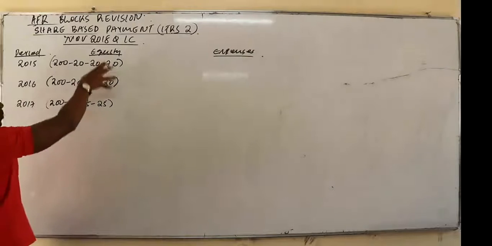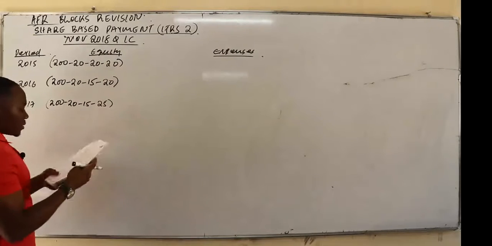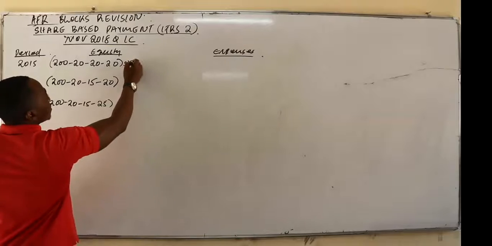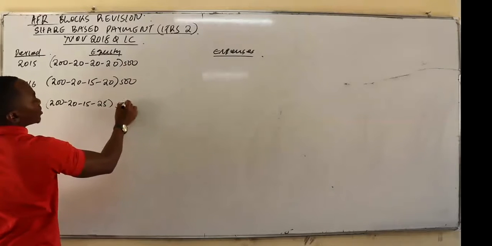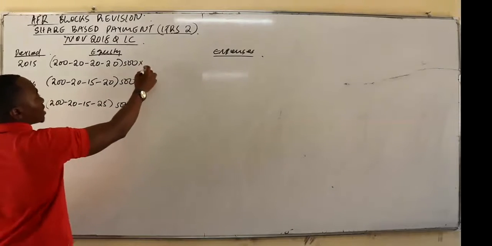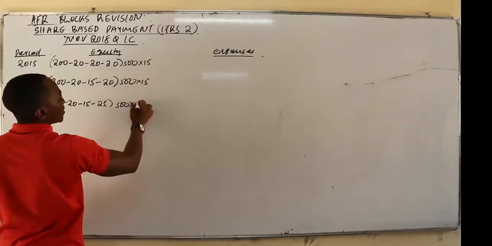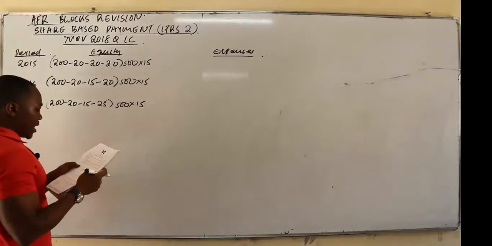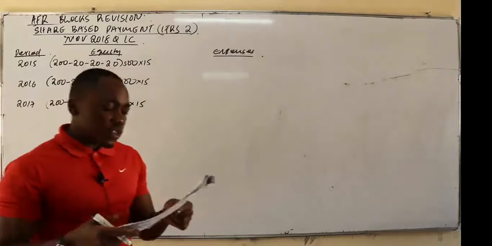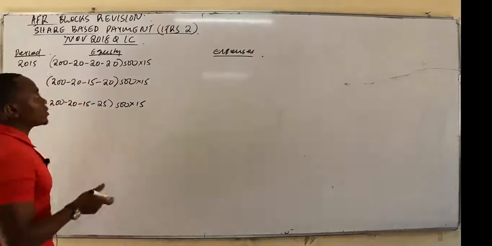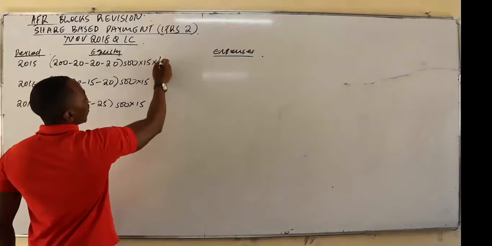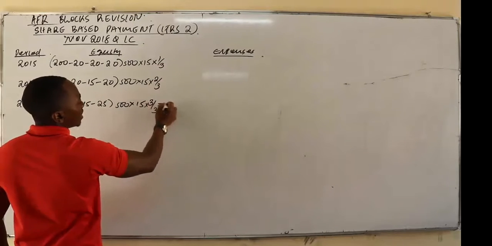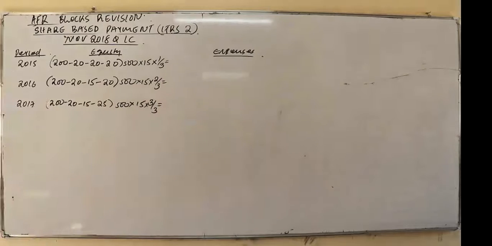So get the number of employees. Then you multiply. Each employee was given how many share options? 500 share options. And on the grant date, the fair value of each option was 15. Then you amortize 1 of the 3 years, 2 of the 3 years, and then 3 of the 3 years. So what do we get?